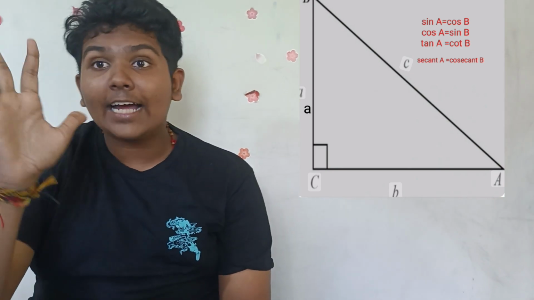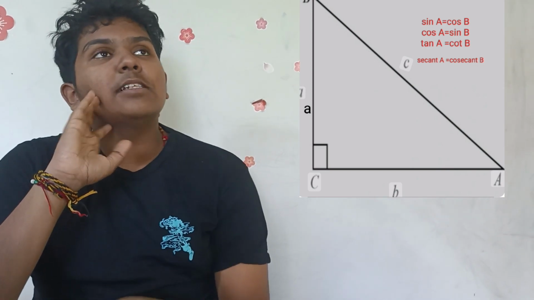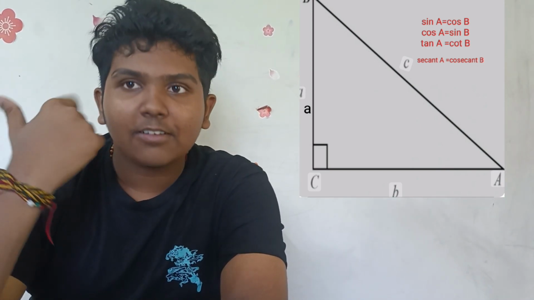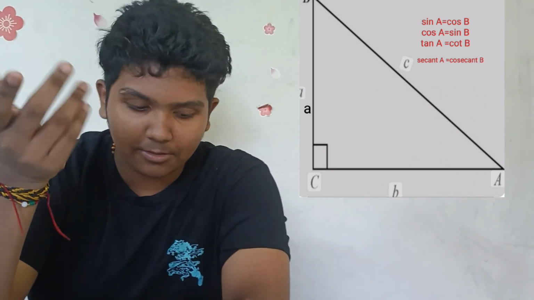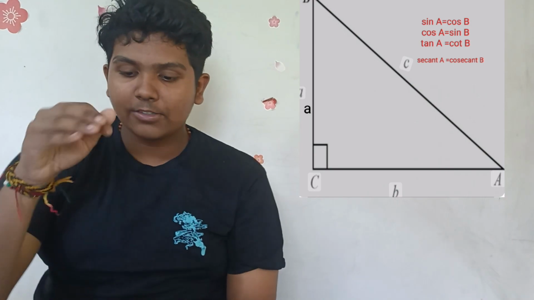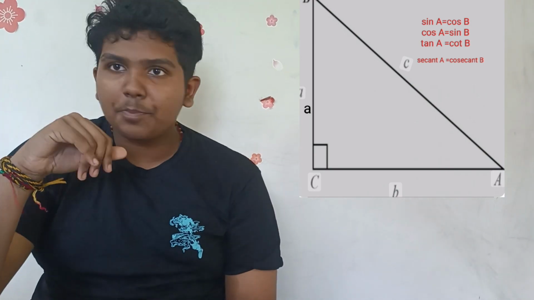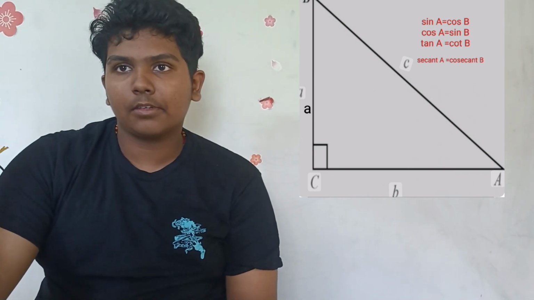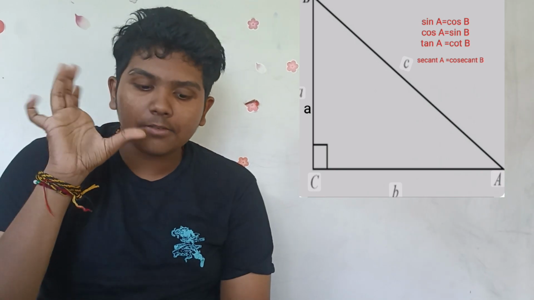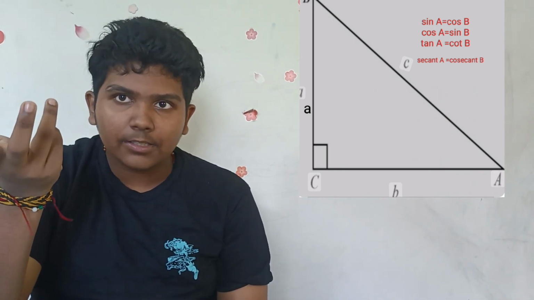Now tangent A is equal to cotangent B. Seems like all the actors and the co-actors are married. So tangent A is equal to cotangent B. Again this B is there, other side A. So what is tangent A? Tangent A is opposite by adjacent.